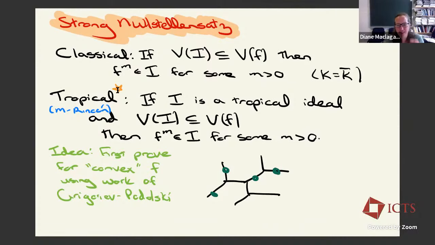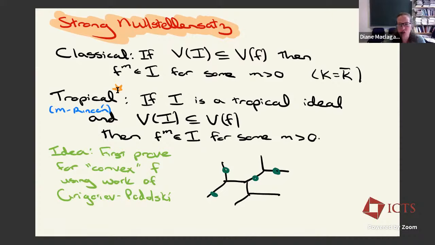But the asterisk is, if you're watching this years later on YouTube and this is not the final theorem, you were warned. And so the classical strong Nullstellensatz I would have phrased as saying, if the variety of I is contained in the hypersurface given by F, then F to the M is in I for some M.